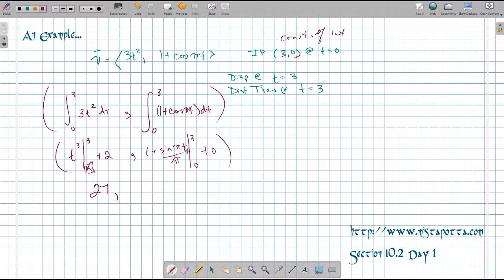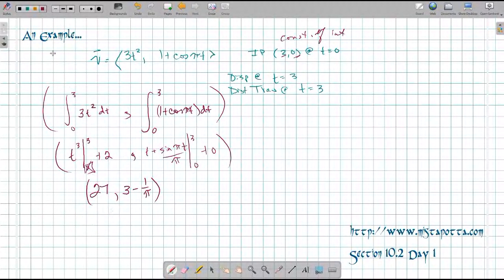And this is going to end up being 3 plus the sine of 3 pi, which is negative 1 over pi. So this is 3 minus 1 over pi. So what I found is I found my position at a particular point.